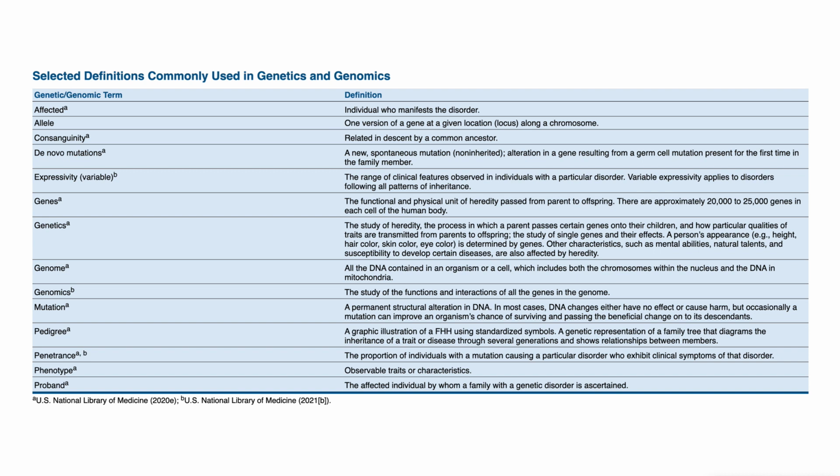Penetrance is the proportion of individuals with a mutation causing a particular disorder who exhibit clinical symptoms of that disorder. A phenotype is the observable traits or characteristics that result from having a particular gene. A proband is the affected individual by whom a family with a genetic disorder is ascertained.